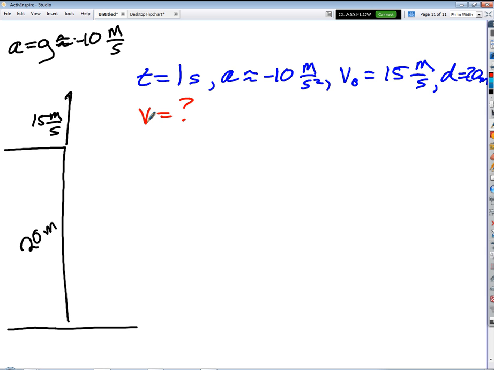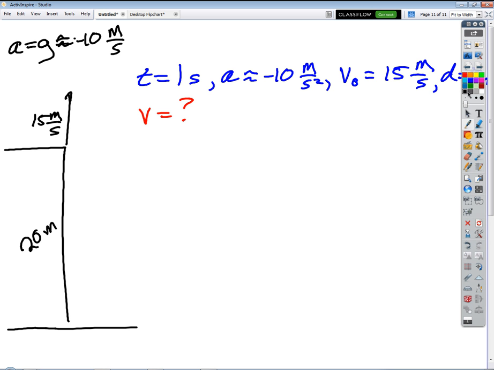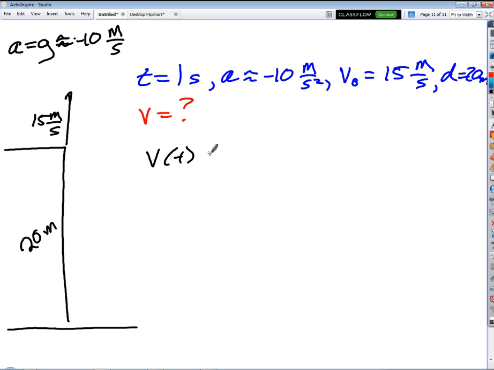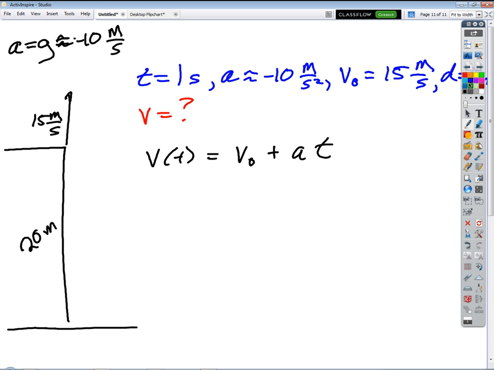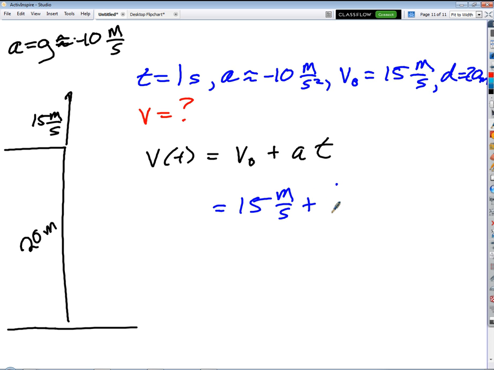So if we pick the equation v of t equals, what was it again? Initial velocity plus, yeah, that's stuff I know, isn't it? So if I plug in what I know, that's positive 15 meters per second plus negative 10 meters per second squared times 1 second, right?